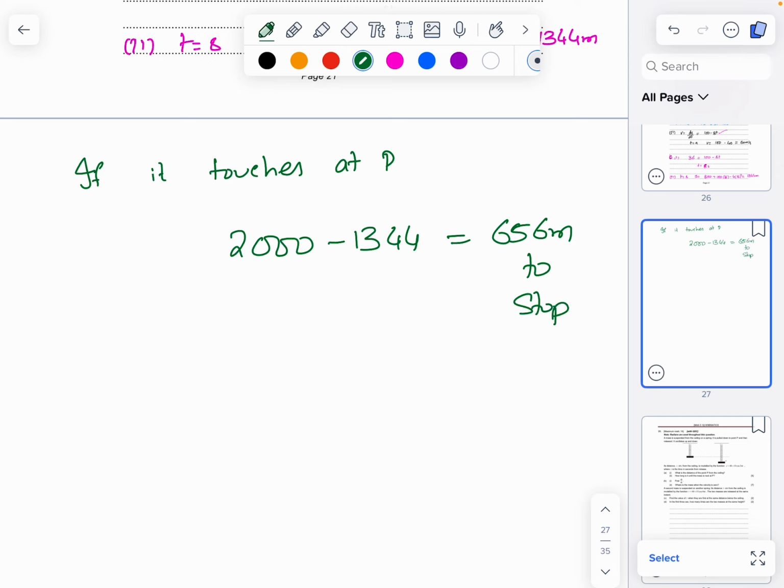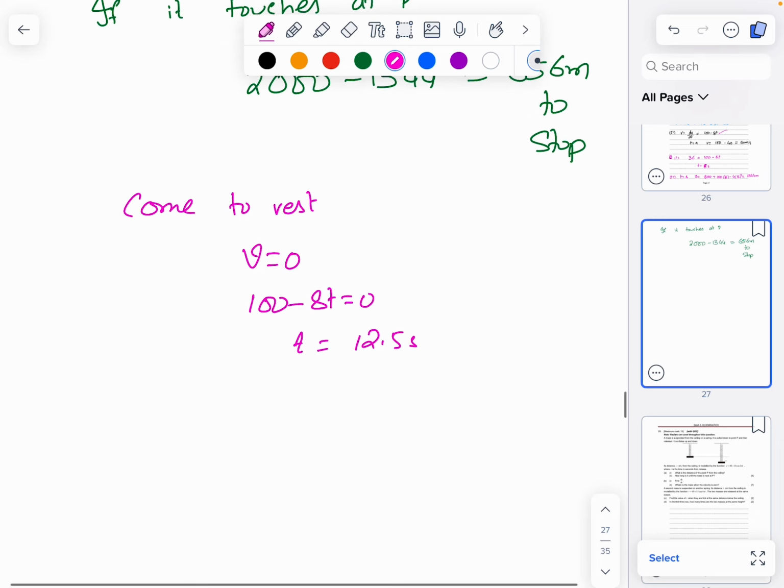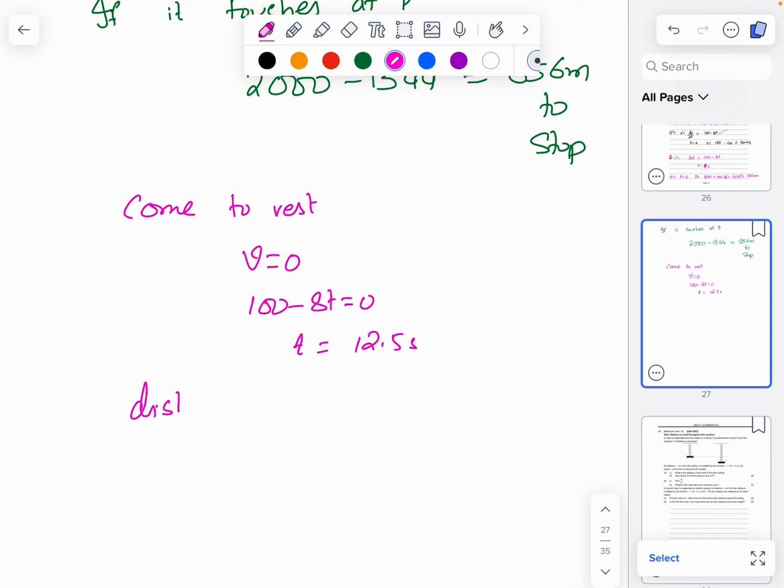So in order to come to rest, how much time is required? Velocity should be equal to 0. 100 minus 8t should be equal to 0. t equals 12.5 seconds. What is the distance traveled in this 12.5 seconds? Distance in 12.5 seconds will be 100 times 12.5 minus 4 times 12.5 whole squared, which is 625.